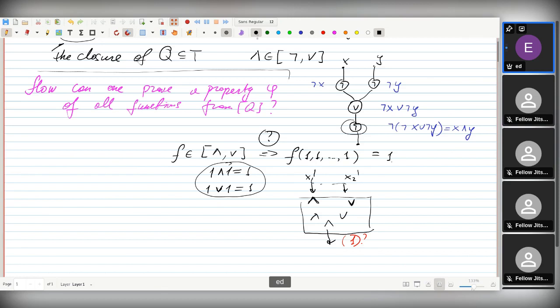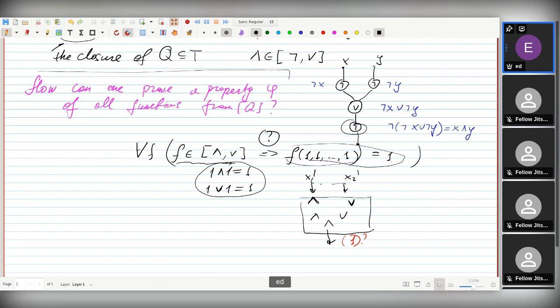But how can I prove it? Formally, I'm trying to prove that every function from this closure set satisfies some property. For example, this one, it returns unity when given all unities.